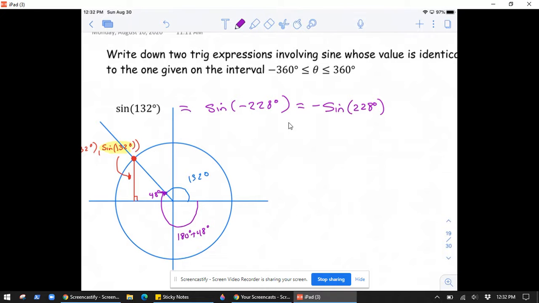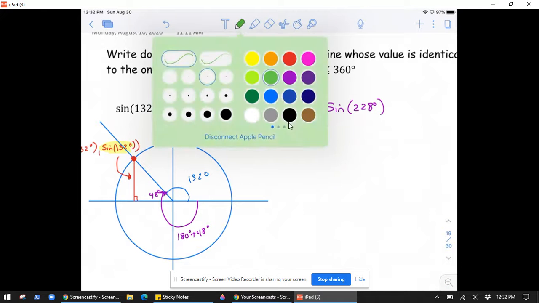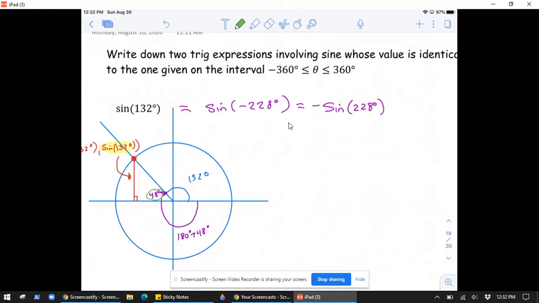So let's note this reference angle here, this 48 degrees. Let's say we wanted to just rotate that amount and end up in quadrant 1. Let's clean that up a little bit. If you rotate 48 degrees, that brings you here.